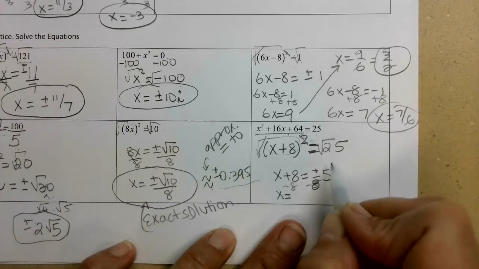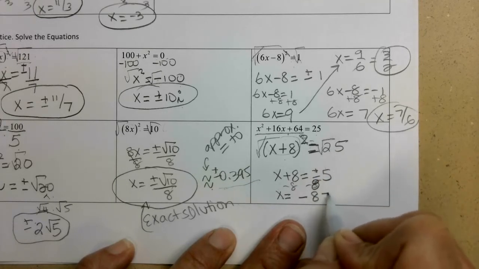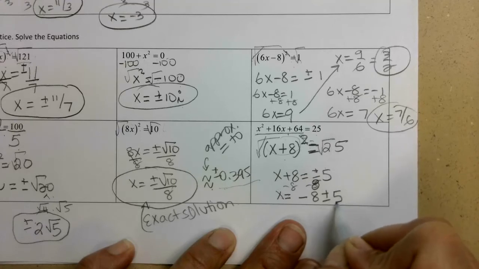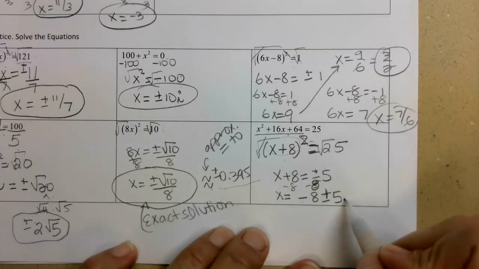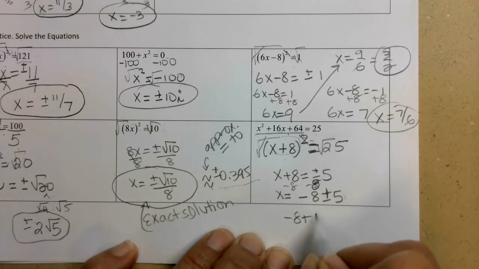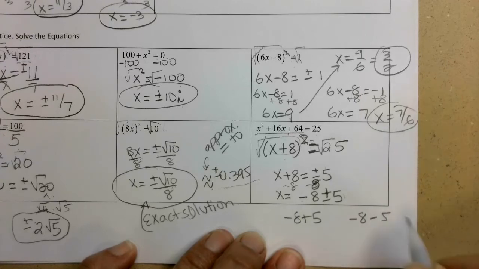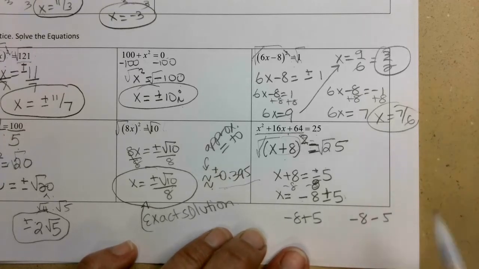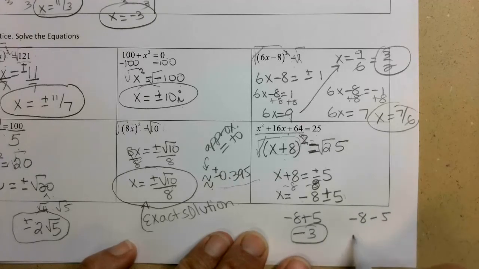Minus 8. The way those two go together, remember, it's negative 8 plus or minus 5. So you're going to do negative 8 plus 5 for one of your answers and negative 8 minus 5 for your other answer. So it looks like negative 3 is one and negative 13 is the other.